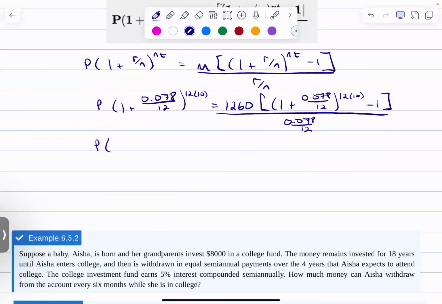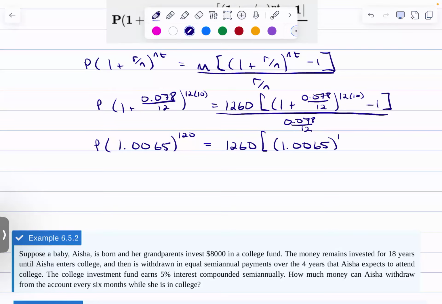I have P times 1.0065 to the power of 120 is 1260 times (1.0065 to the power of 120, then minus 1) divided by 0.0065.